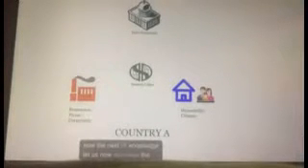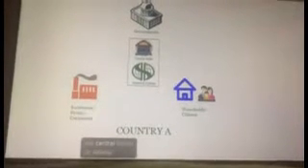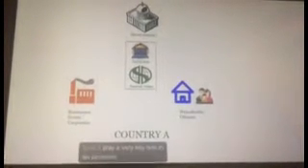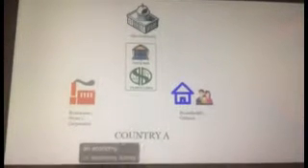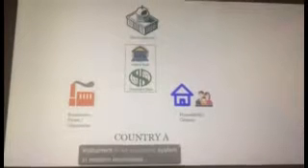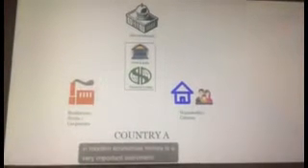Let us now introduce the fifth player in an economic system. The fifth player in an economic system are central banks, okay? Now, the central banks play a very key role in an economy, okay? Money is a very important instrument in an economic system. In modern economies, money is a very important instrument.